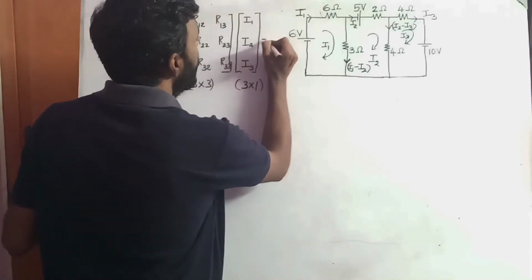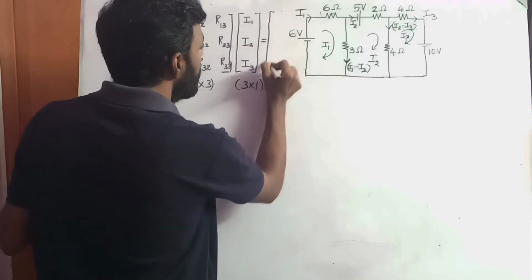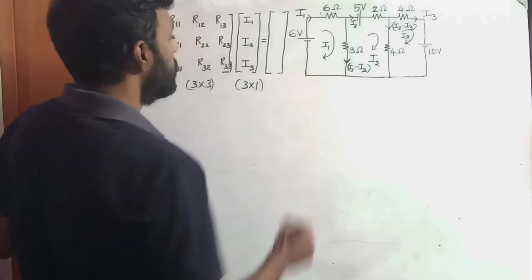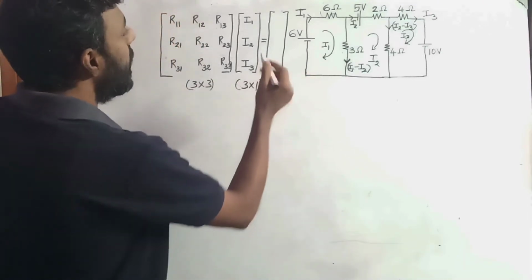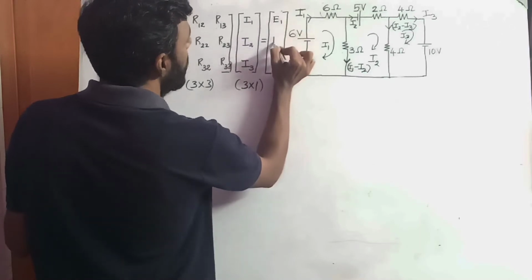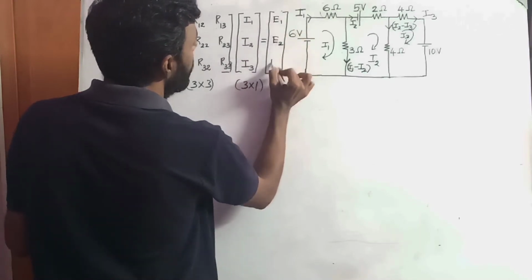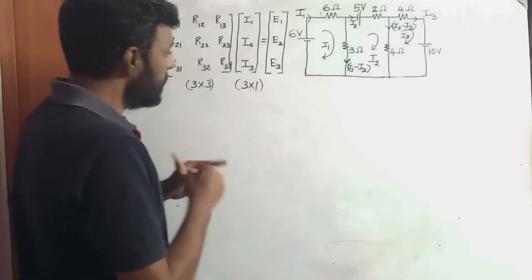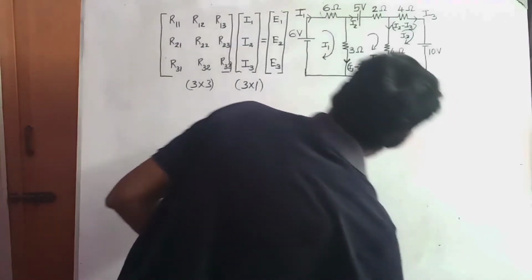This will be equated to another 3 by 1 matrix, which comprises the voltages E1, E2, and E3.